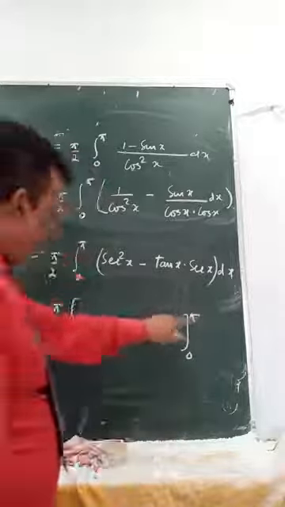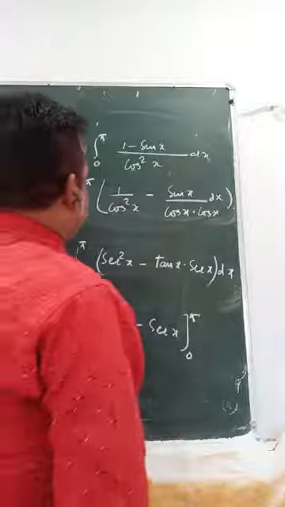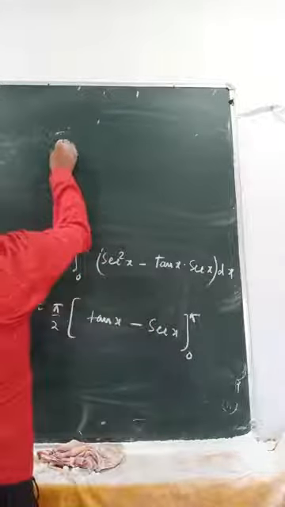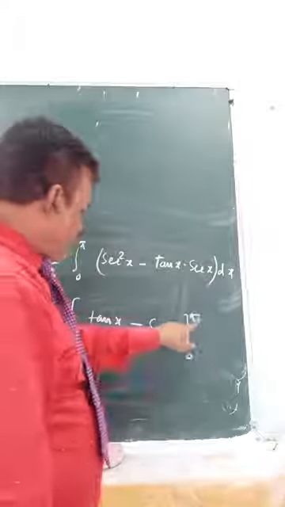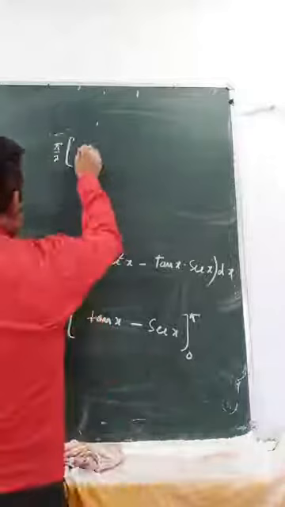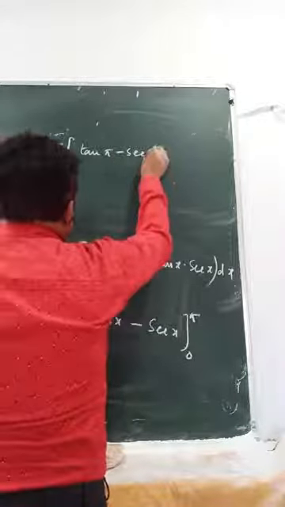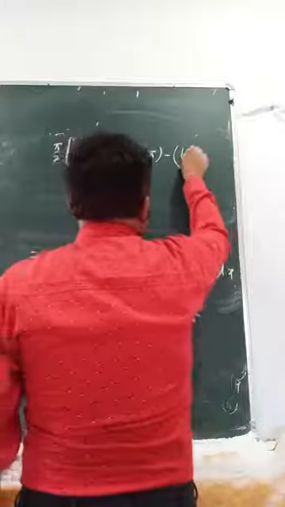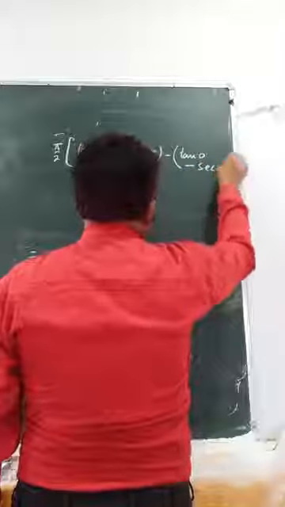Now upper limit minus lower limit, so you get pi by 2 times upper limit pi, tan pi minus sec pi, minus tan 0 minus sec 0.